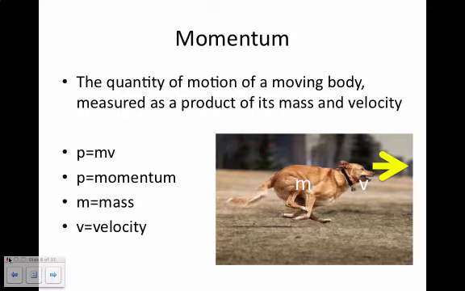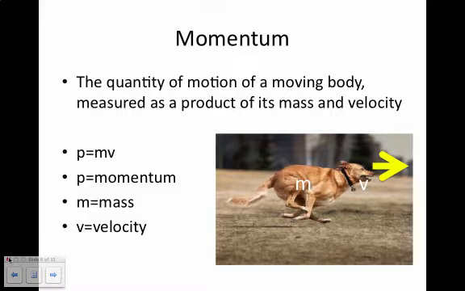The definition of momentum is the quantity of motion of a moving body measured as a product of its mass and velocity. Simply put, that means that if you have some object with a mass that is moving, it has momentum. Once again, the equation for momentum is mass times velocity.